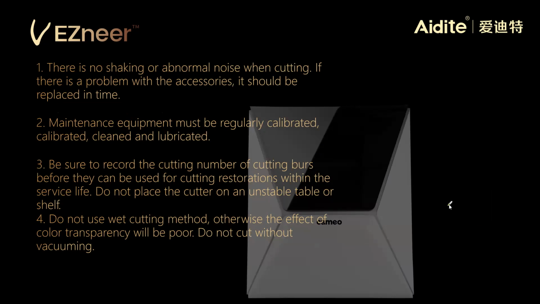The milling bur must be within its working time, because the thickness of our EZneer is very thin, maybe just 0.3 to 0.4 millimeters. So it's very important that we check the cutting bur, the milling bur, and keep it within its working time.